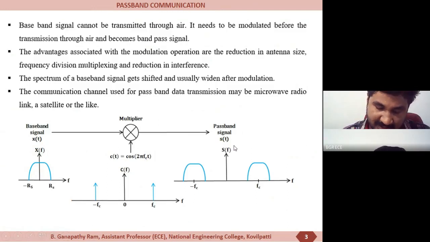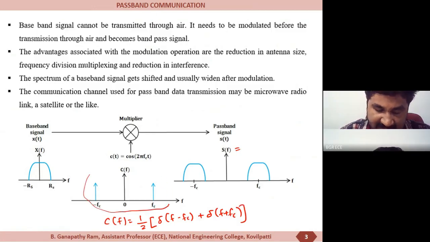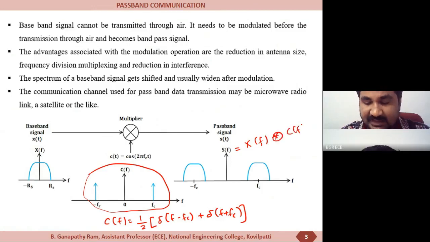And S of f can be obtained from X of f and the Fourier transform of the cosine signal, C of f, which is nothing but 1 divided by 2 into delta of f minus fc plus delta of f plus fc, graphically represented by this diagram. So S of f is nothing but the convolution of X of f and C of f.